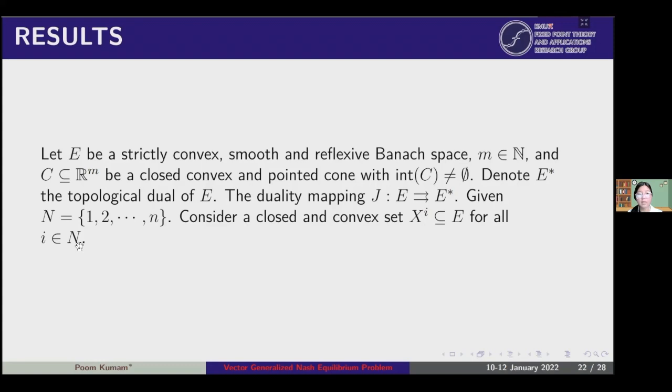We denote that E star is the topological dual of E, and we let J be the duality mapping, and also we are given capital N as the set of a finite number of natural numbers. Then we consider the closed and convex set X from the space E.